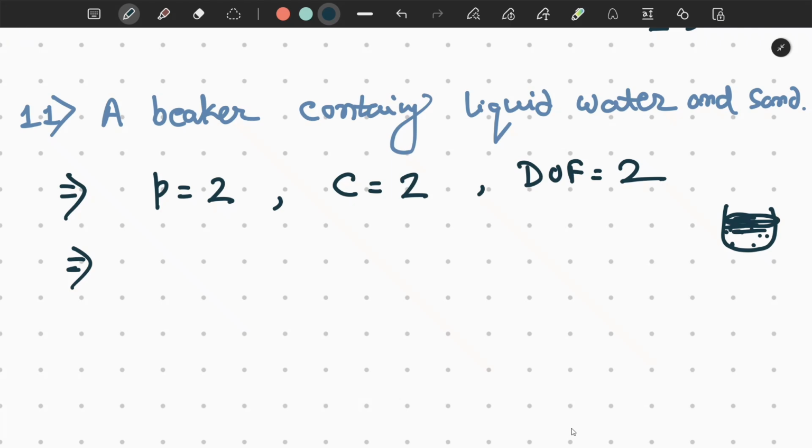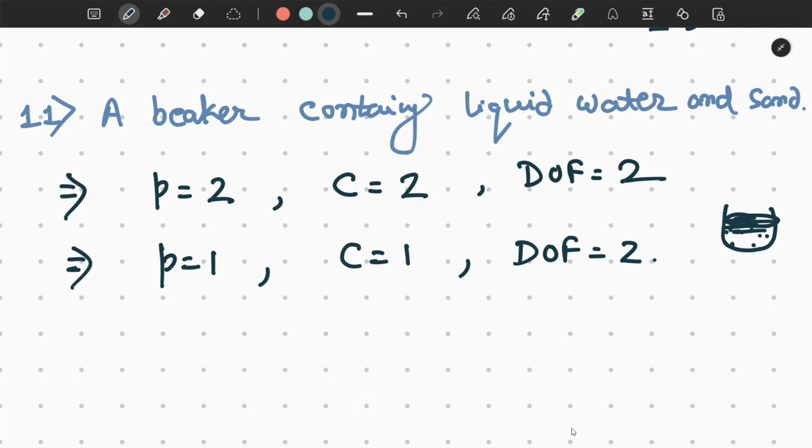It will remain as it is. So if you ignore the sand, then phase will be one, component will be one, degrees of freedom will be two. So you can choose both ways because there is no change, since sand is not doing anything. It is not contributing to any chemical or physical exchange.